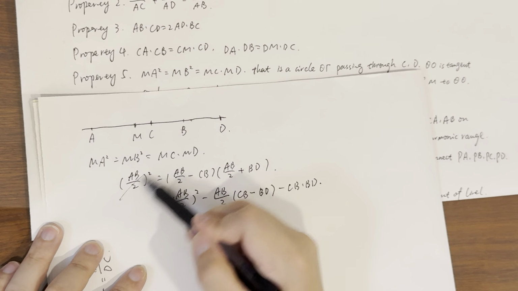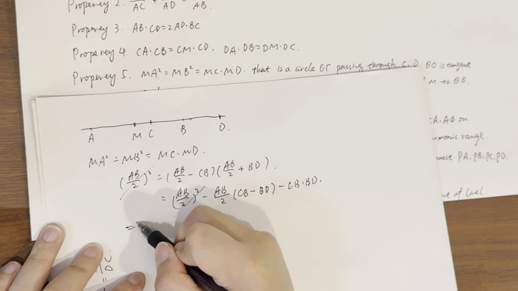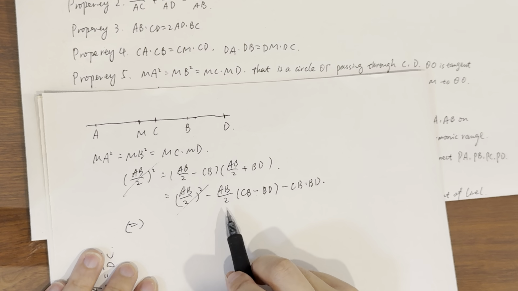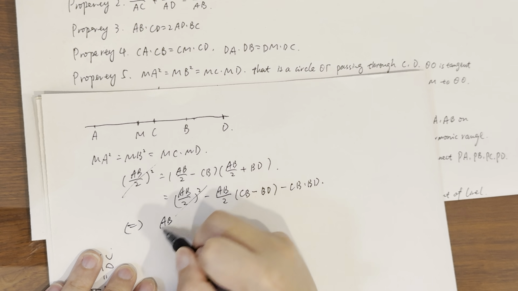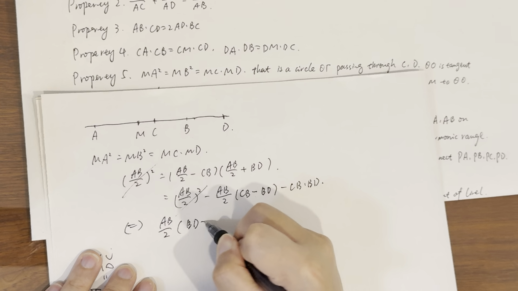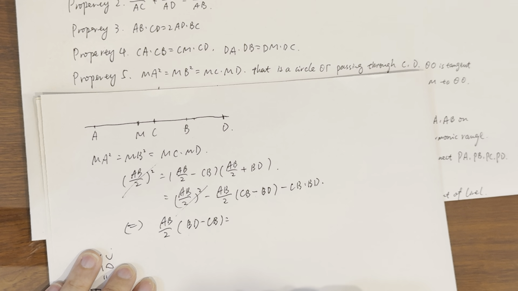So basically we want to prove that (AB divided by 2) times (BD minus CB) equals 2.